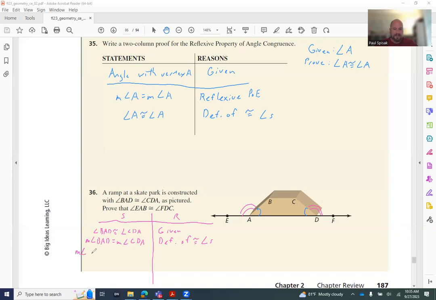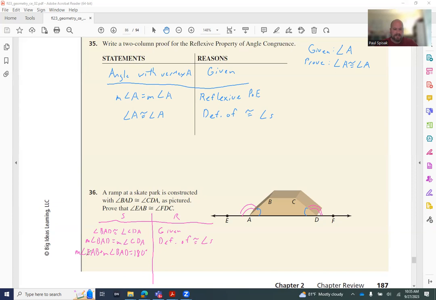The measure of angle EAB plus the measure of angle BAD equals 180 degrees. I'll make sure I keep using them in the same order that they appeared originally to make this easier.